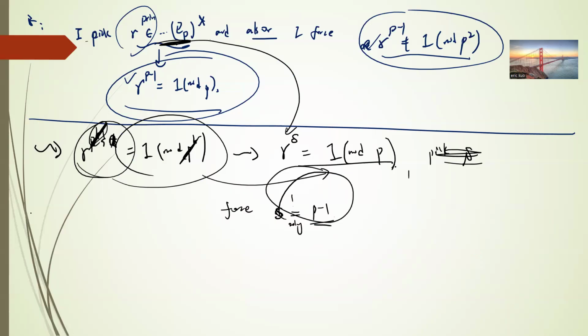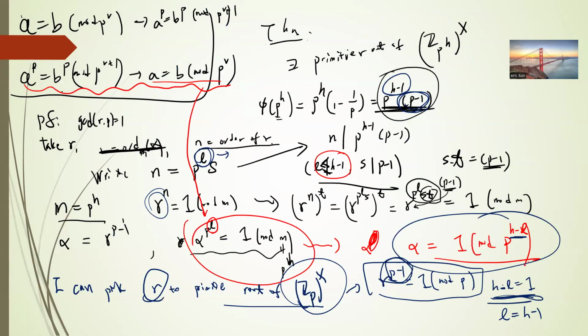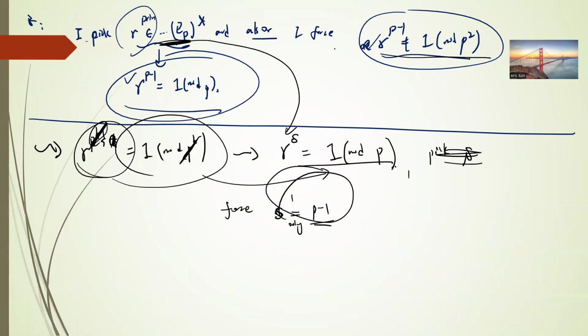Okay, so this is a proof. The proof idea is that I use this lemma. I pick R to be a primitive root of this guy and satisfy an additional condition, this condition.